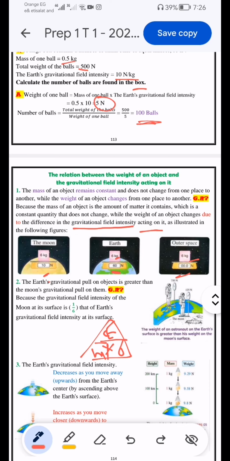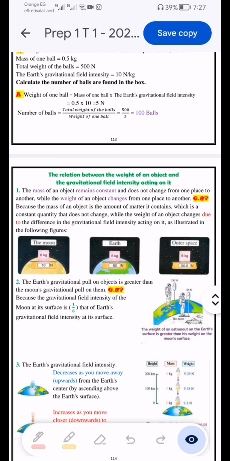The earth's gravitational pull on objects is greater than the moon gravitational pull on them. Due to what? Or because what? Because the gravitational field intensity of moon at its surface is 1 over 6 that of earth's gravitational field intensity at its surface, okay? So to calculate the weight on moon, we will divide a weight on earth over what?